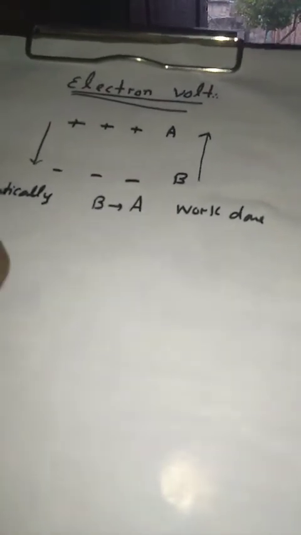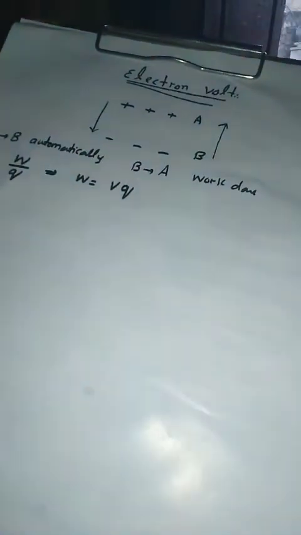Work done per unit charge is called potential. If we derive work done from here, this would be voltage multiplied by charge. If the voltage is in volt and the charge is electron, we will have a unit electron volt.